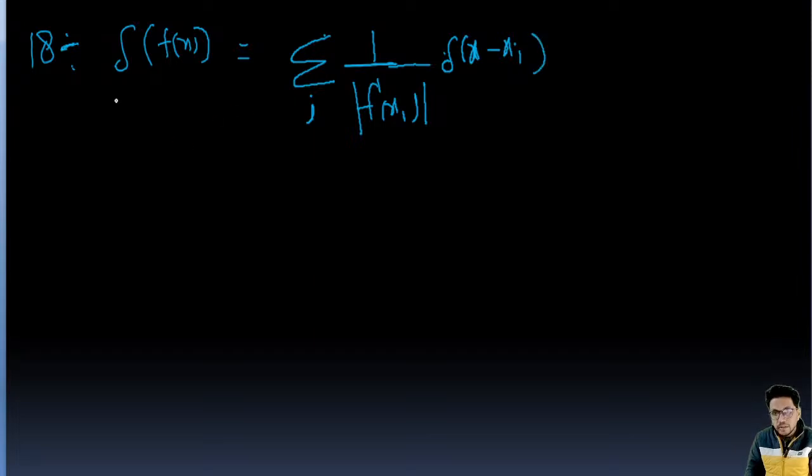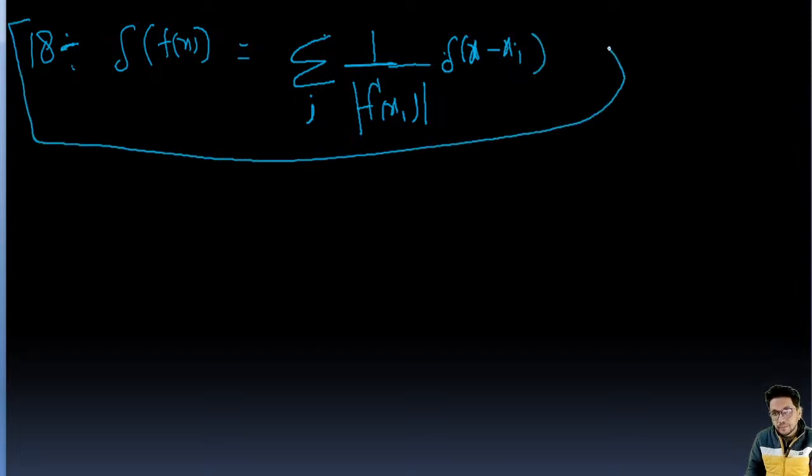Okay, this is a very important property. So delta of f(x) is sigma i, 1 upon mod f dash xi, delta(x minus xi).